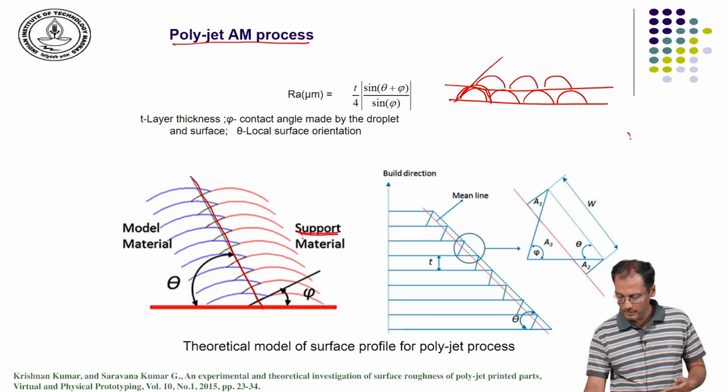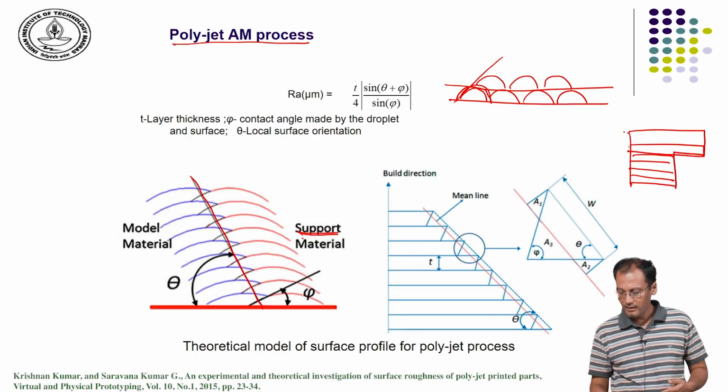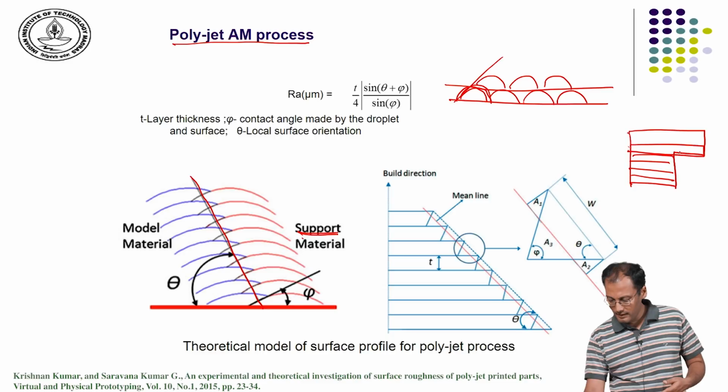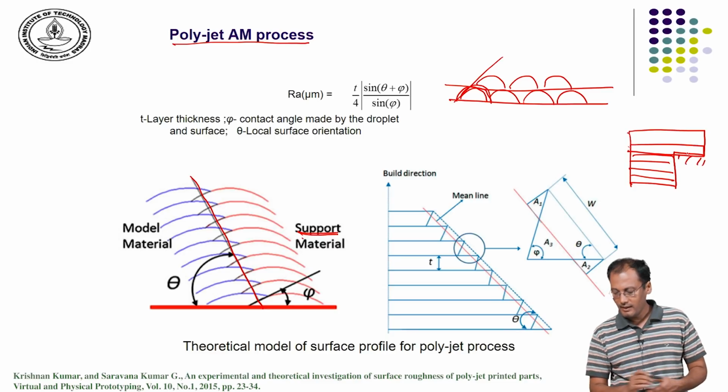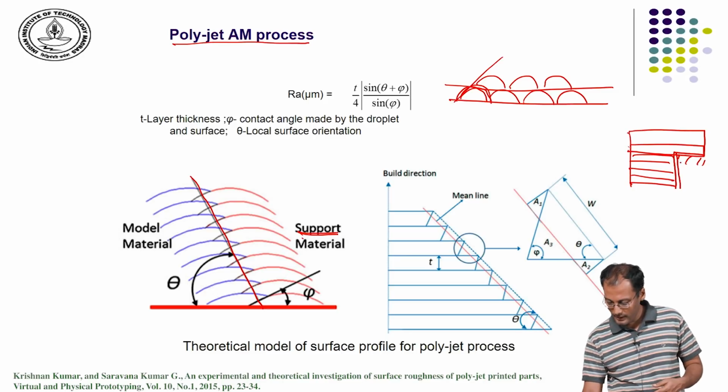Let us say if I have to build a part like this, which is a cantilever. These layers can be built one on top of the other, but when I am going to build this layer, I cannot build this portion of the layer without providing a support. So, I need to provide a support structure here. So, this also has to be additively fabricated.